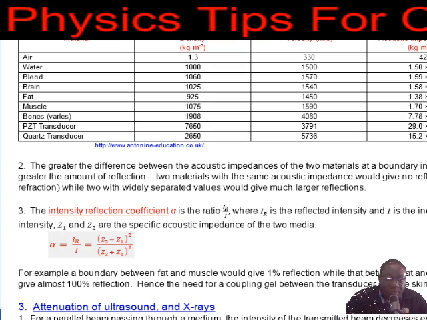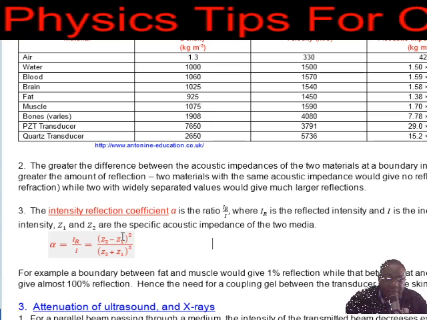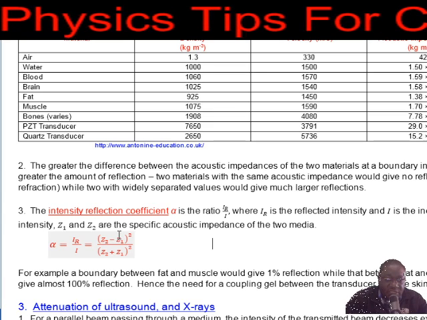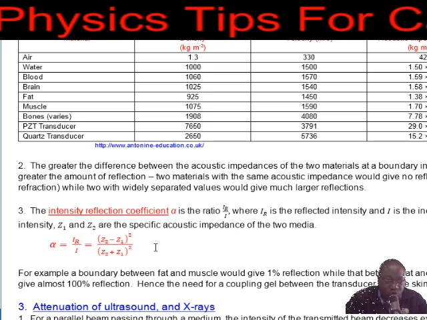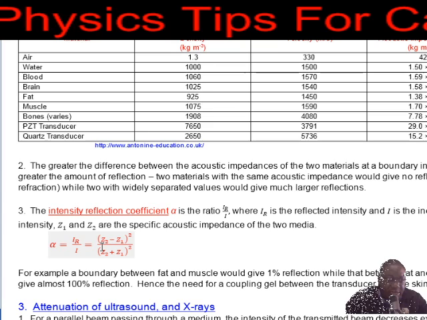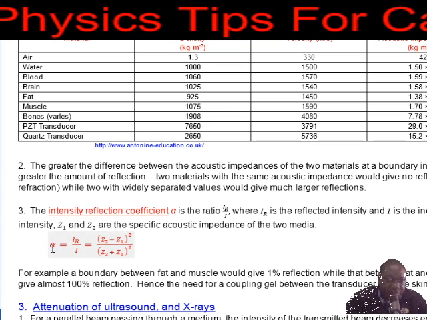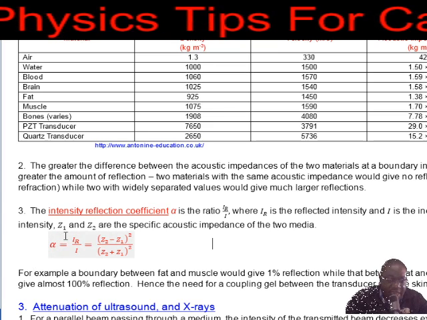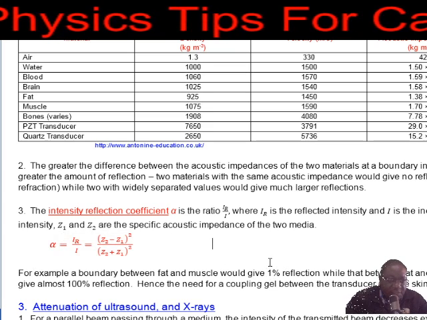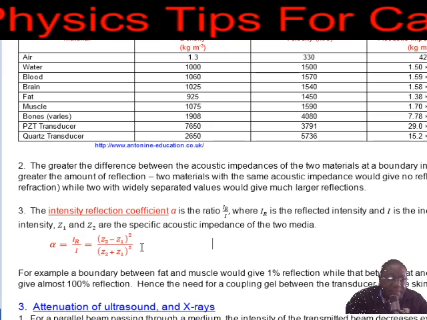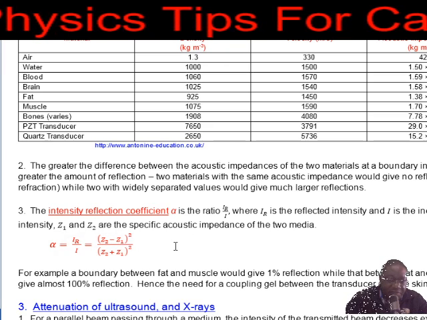So 1.70 times 10 power 6 minus 1.3 times 10 power 6 all squared divided by Z2 plus Z1 all squared again. Then you find your value of alpha. So the alpha comes as a fraction. If you multiply by 100, you're going to get it as a percentage. So it will tell you the amount that is going to be reflected.